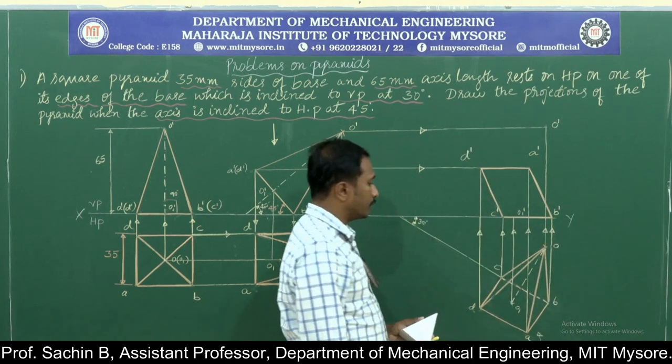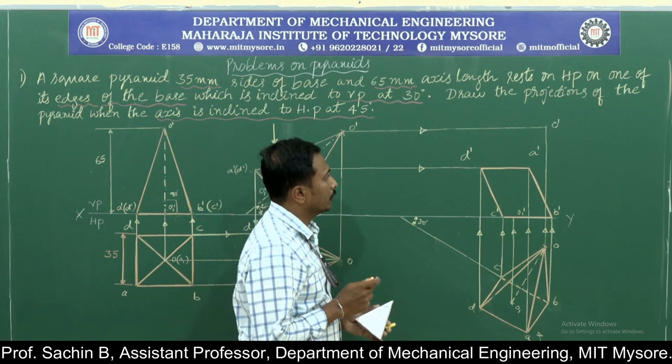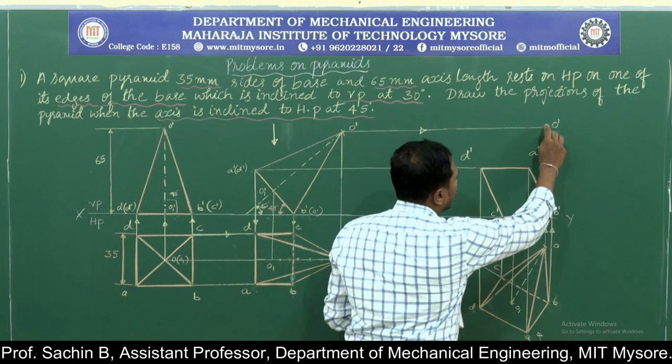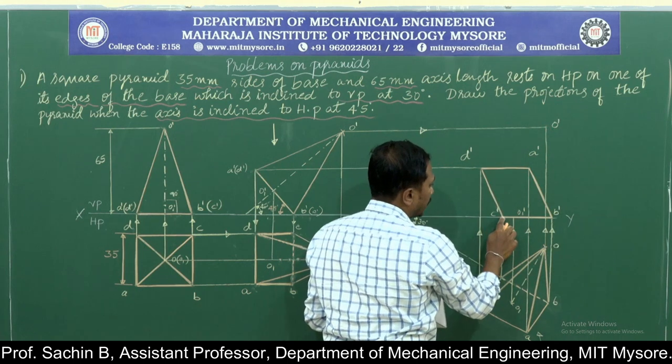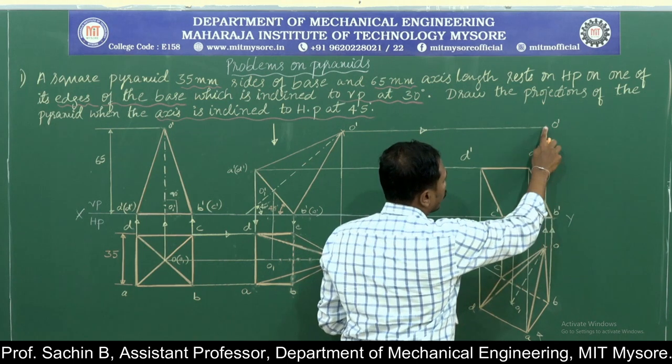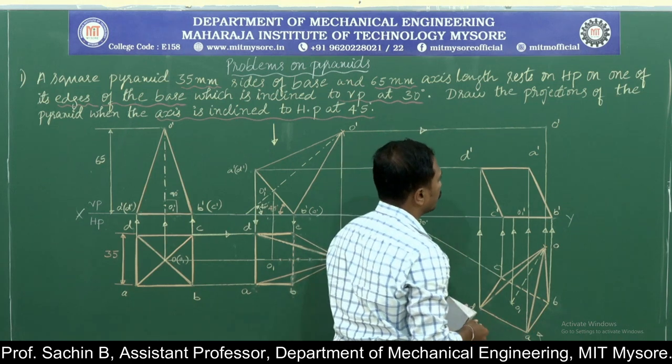Okay, next condition will be outermost edges are clearly visible. When it comes to this particular point, I'll come to O dash, D dash, C dash, B dash and O dash. These are the outermost edges which are clearly visible for me.